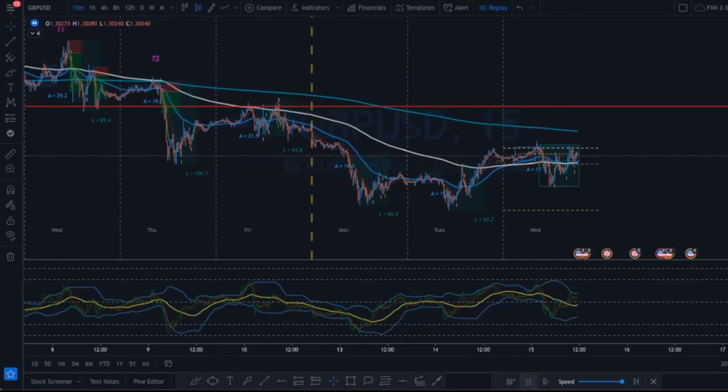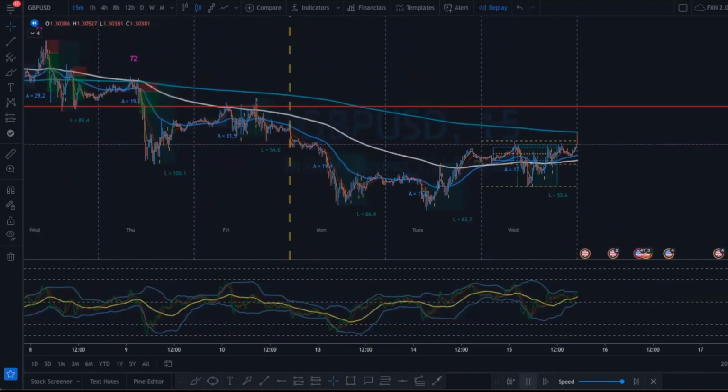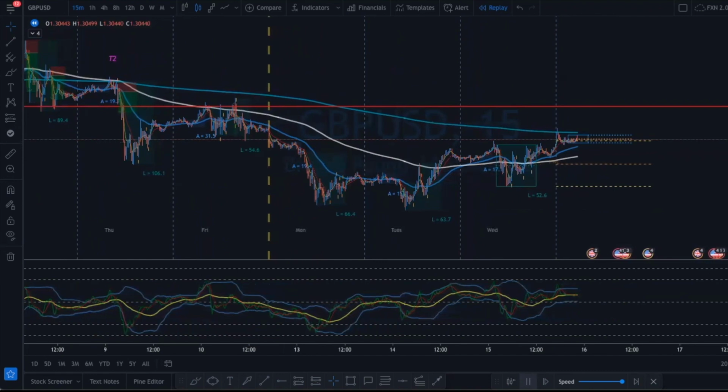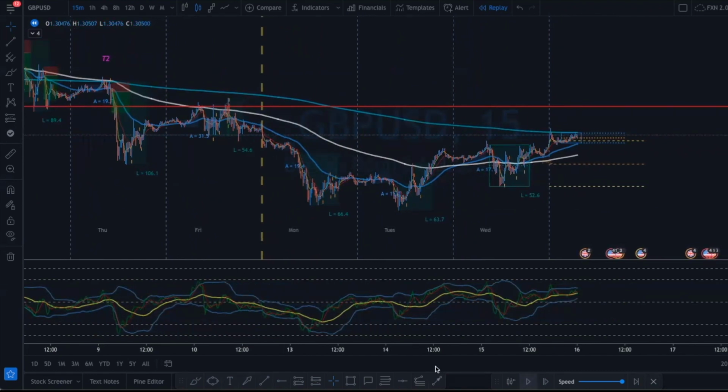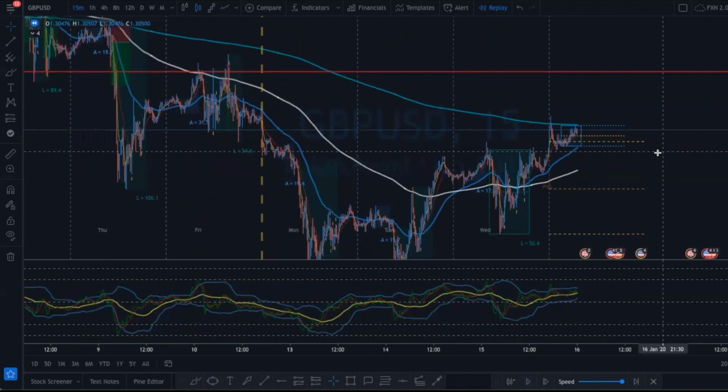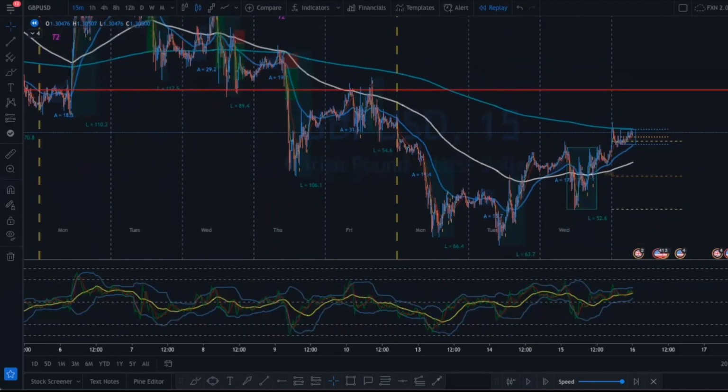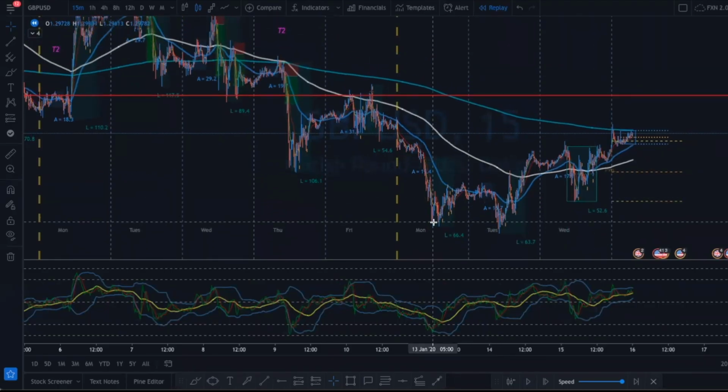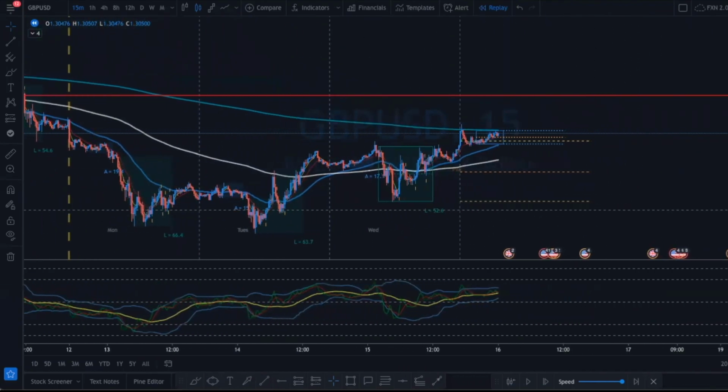All right, so let's see what we got here. Before we even get to that, what do you think is happening so far? What was your thought process going into the 16th, into the London session?